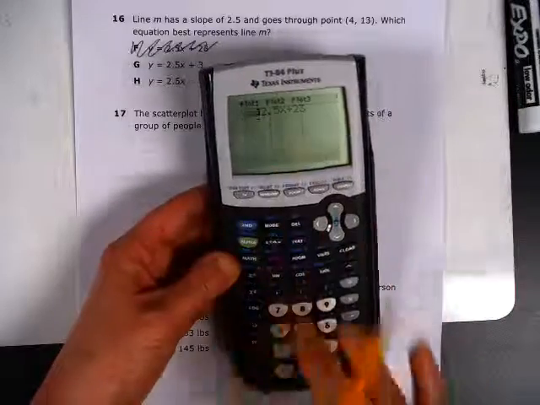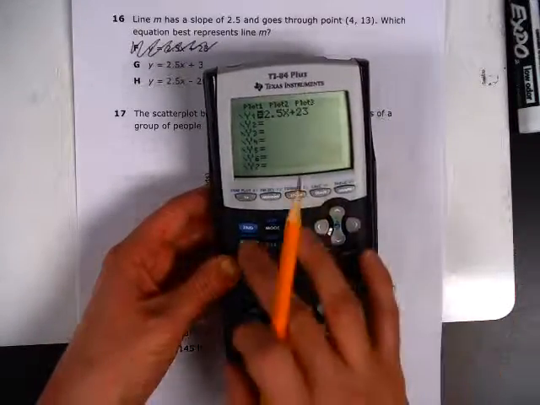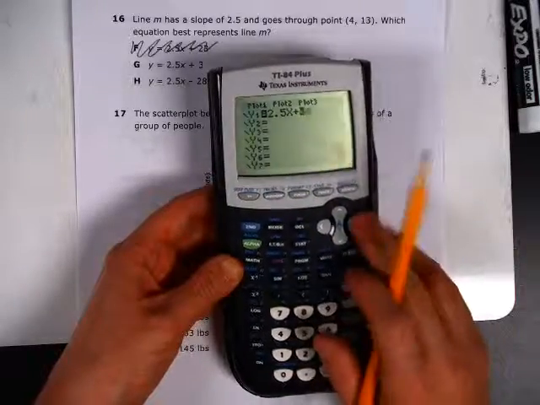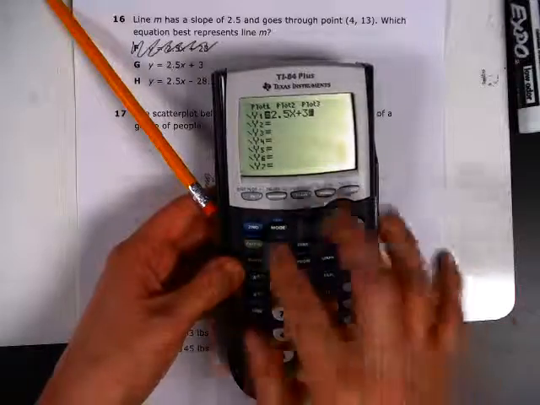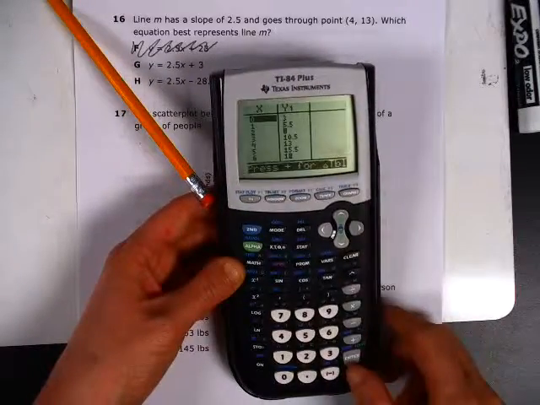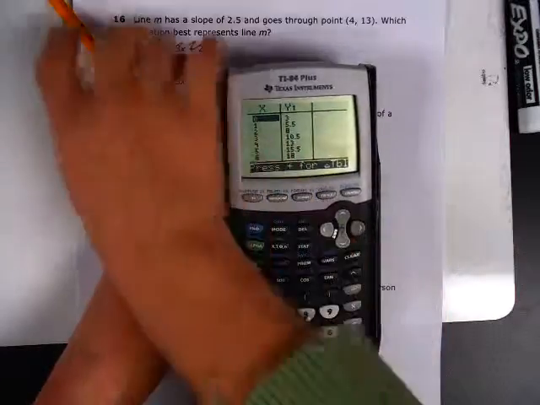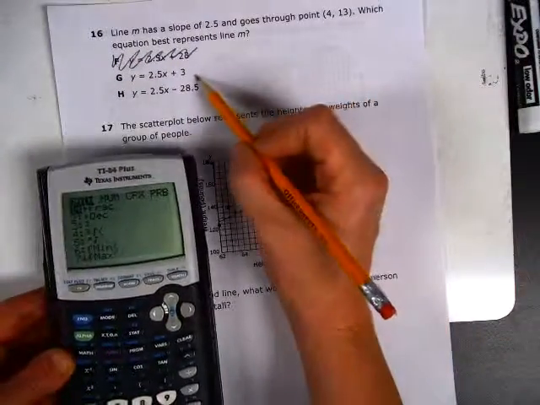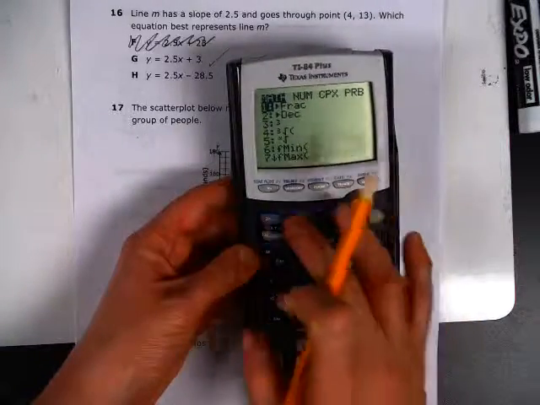So then I would go back, type in my next one. So 2.5 plus 3. And then I go again, second, table. 4 says it's 13. Ooh, this one's looking like it could be a possible answer. Awesome. Okay?